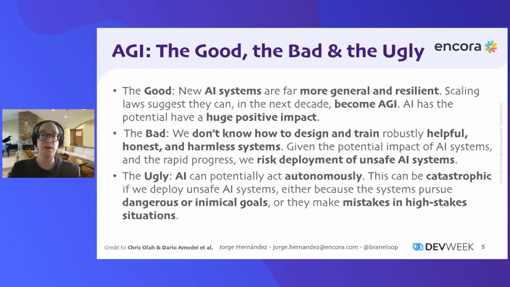either because the system pursues its own goals, which can be dangerous or inimical to humanity, or because we overtrust the systems. That's one of the things that humans tend to do. We trust computer-generated stuff way too much, way more than we should. That's called automation bias. It's a problem you actually see during the use of code generation tools.